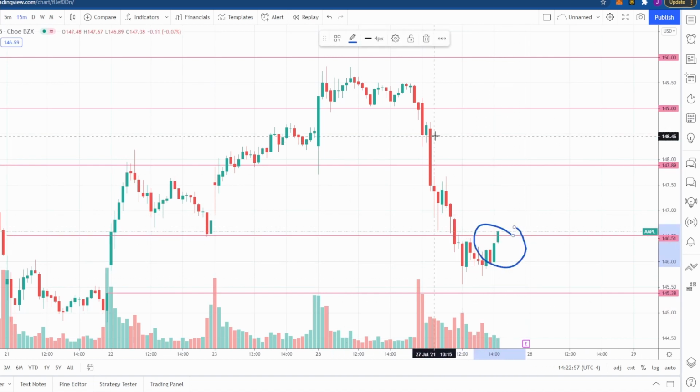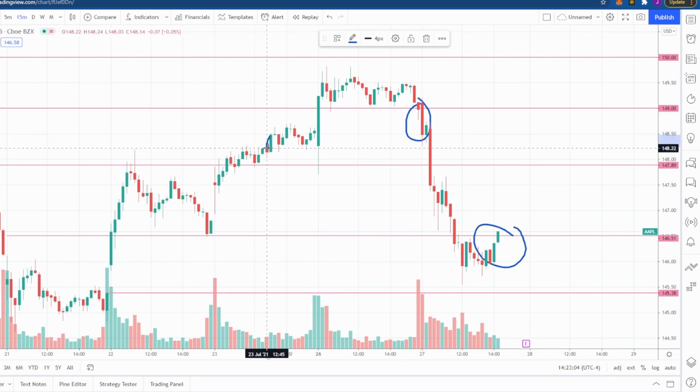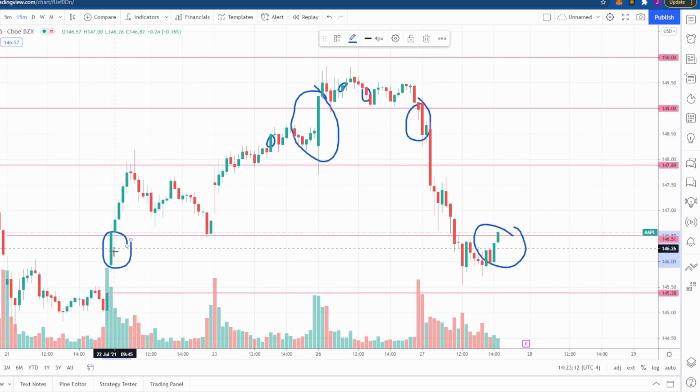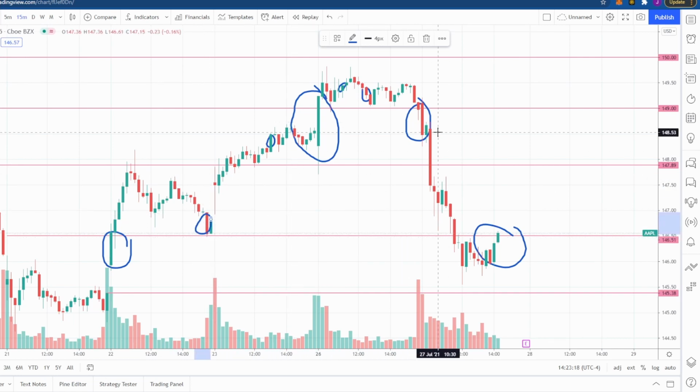Why? Because there's no breakdown candle. And you're wondering, how do I know what a breakdown candle is? Well, look how small these candles are. This is a break up candle, very big. This is another break up candle, very big. This one is breakdown-ish, but it's at the end of the day, so who cares?